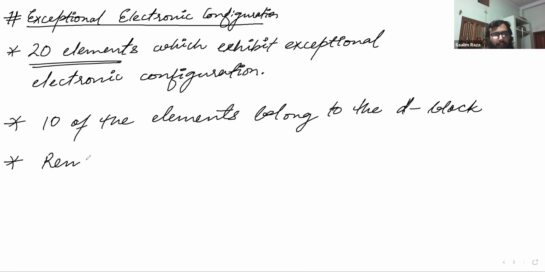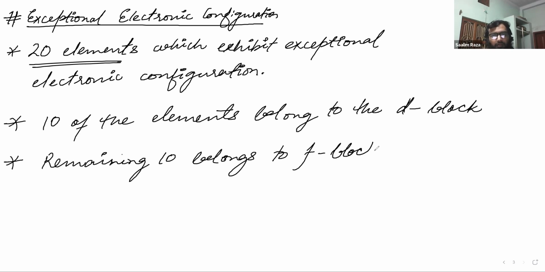The remaining 10 belong to the F block. 10 are from D block, 10 are from F block. Note this down, and when you have noted this down, we will talk about those 20 elements. First the D block elements, then the F block elements.